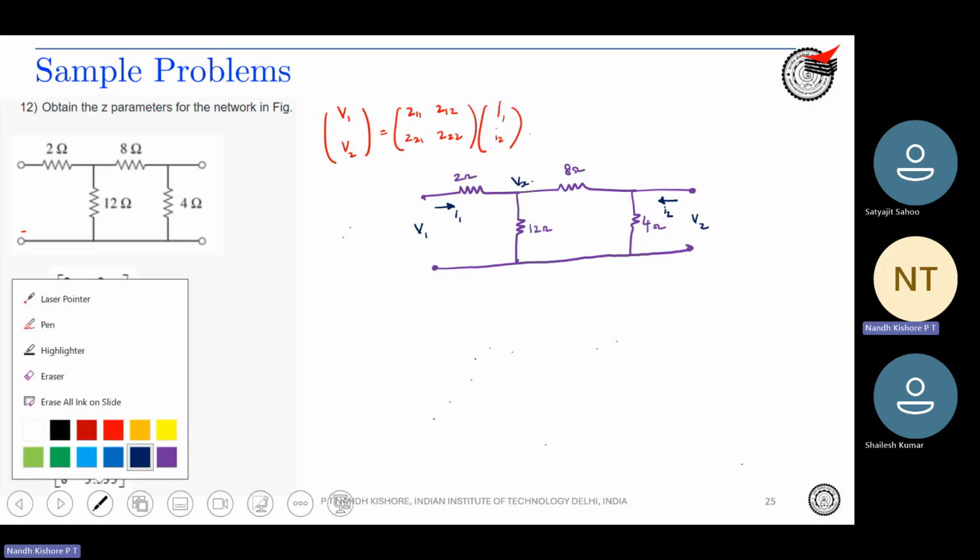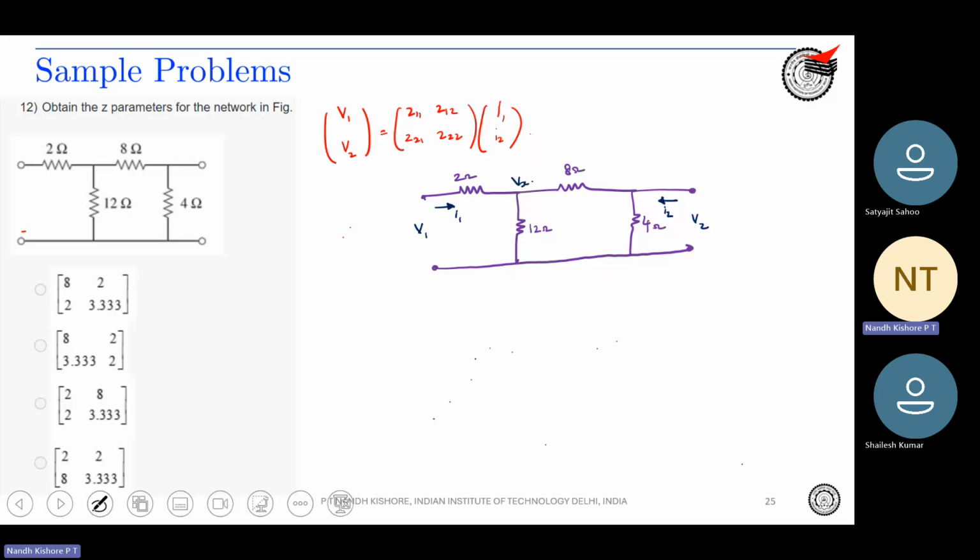So now the point is, what is I1? I1 can be written as V1 minus Vx divided by 2. Correct? I2 can be written as, see, this is V2, right? So I2 can be written as this current plus this current: V2 minus Vx by 8 plus V2 by 4.